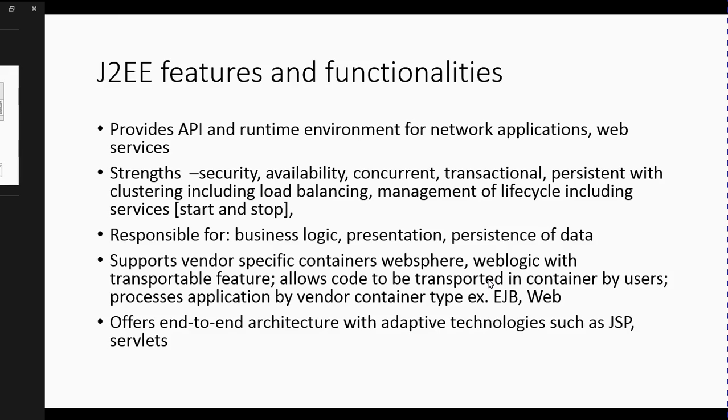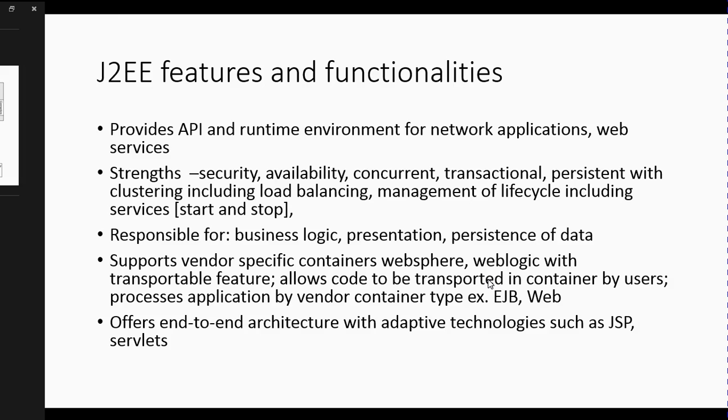Okay, yeah. So what I was saying is that J2EE provides the right API for all the applications that you might have in the middleware. It supports different application types.